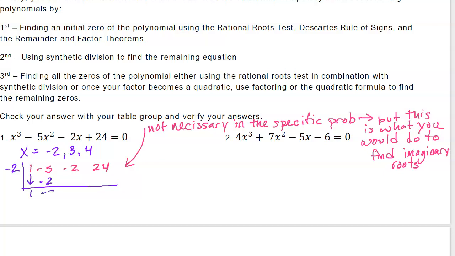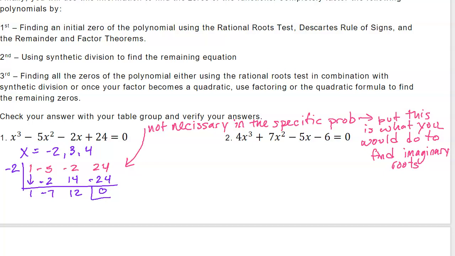Add the inside, -7. -2 times -7 is a 14. Plus -2 is a 12. Times -2 is -24. And yes, obviously, we should have known that this remainder would have been 0 because our calculator told us this was a root.